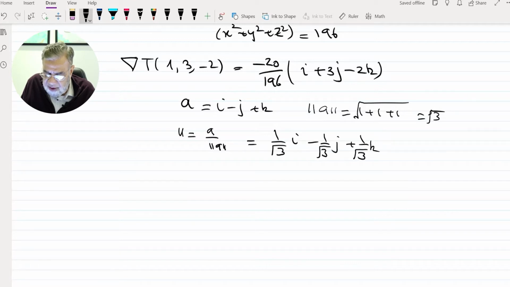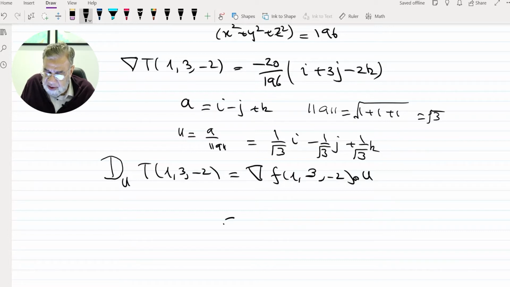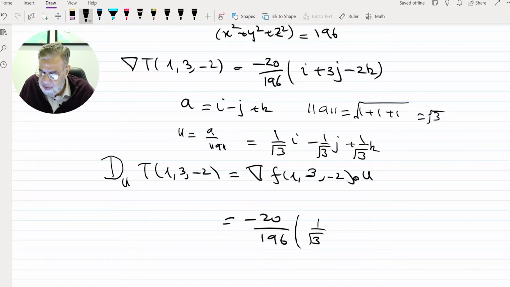So to find the directional derivative of the function T at the point 1, 3, minus 2, we take the gradient of the function at the point 1, 3 and minus 2, dot product with u. We take the dot product, and we get minus 20 over 196, which we take out. Then we have 1 upon root 3, which we can take out too, and we get 3 over root 3 minus 2 over root 3. So we simplify this.